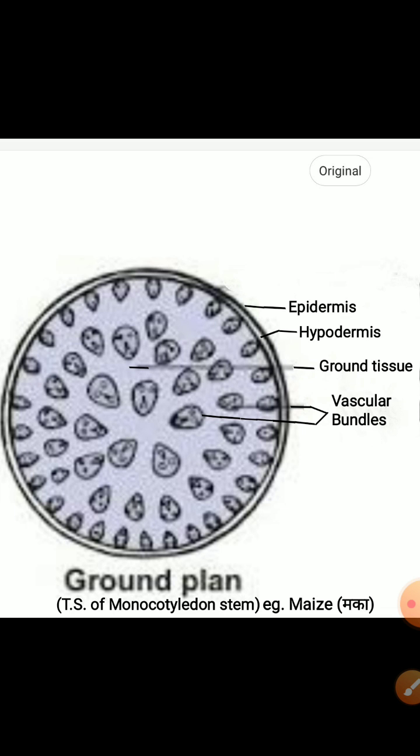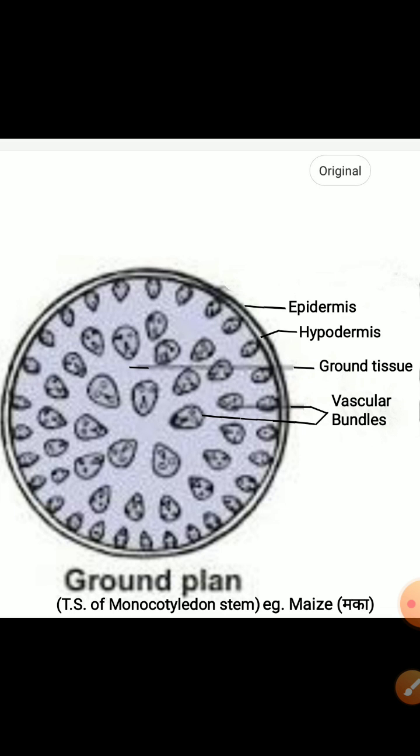So this is the ground plan diagrammatic section and the different layers it shows. It shows epidermis, hypodermis, ground tissue, and scattered in the ground tissue there are the vascular bundles.